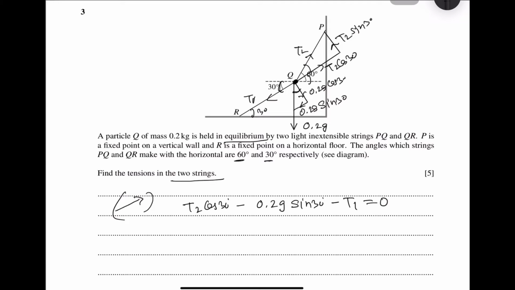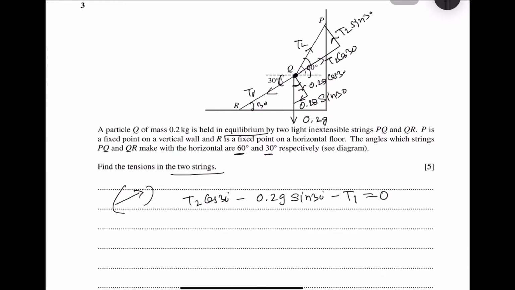Then we can find another one, perpendicular to that: T2 sin 30, there are no more forces, and 0.2 g cos 30 equals 0. Now it is necessary to simplify.